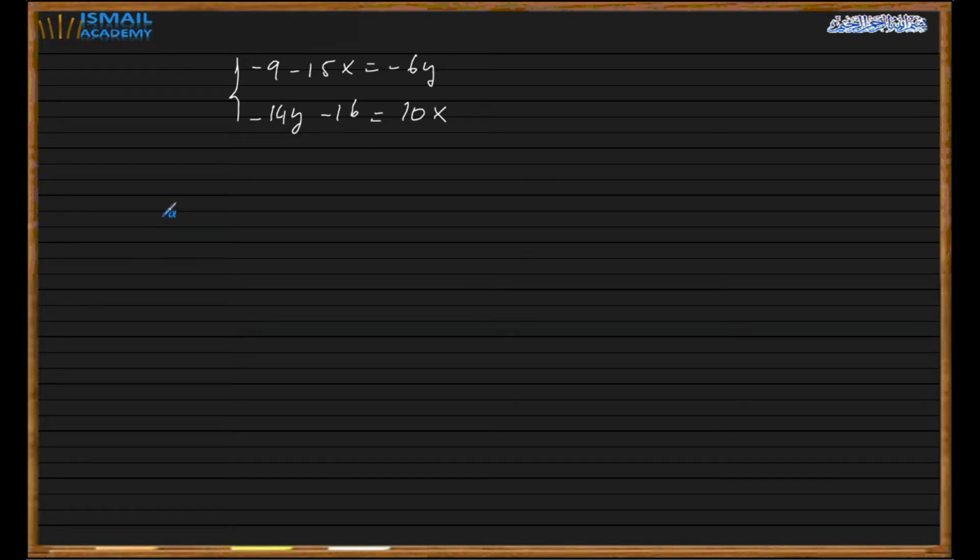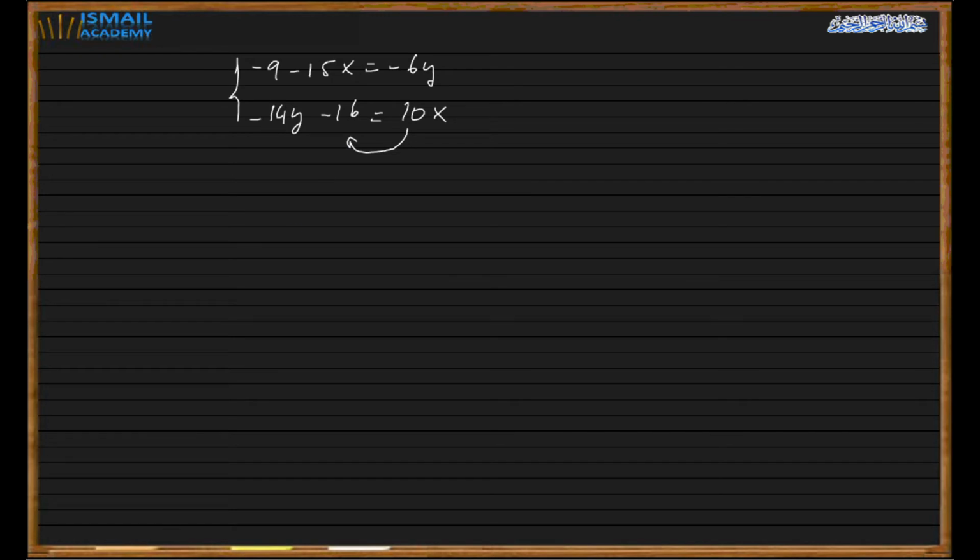This system is not in order, so the first thing I'm going to do is rearrange it. I will move all the x terms to one side and all the y terms to the other side. So I'm going to add 15x to both sides, and here I'm going to switch the order. When 10x moves here, the sign will change.